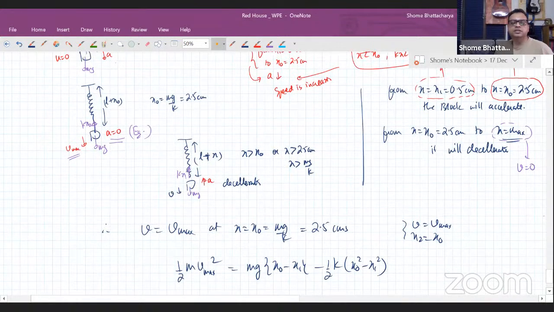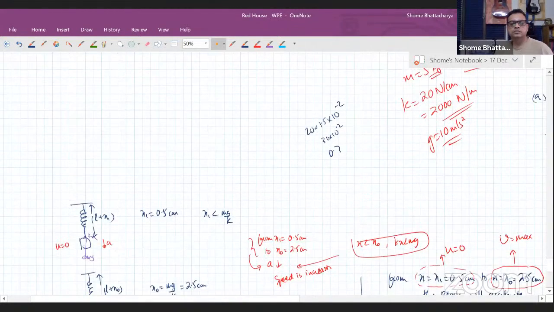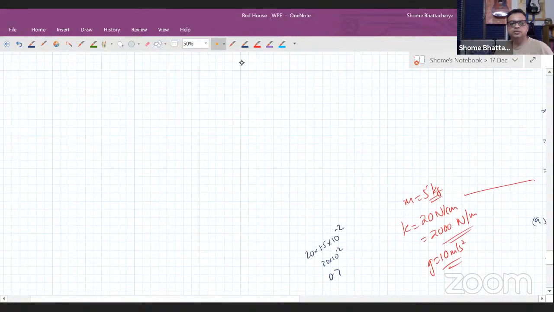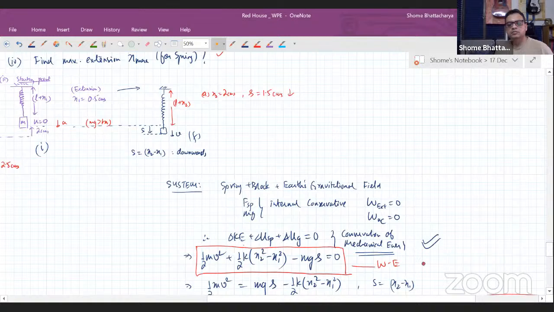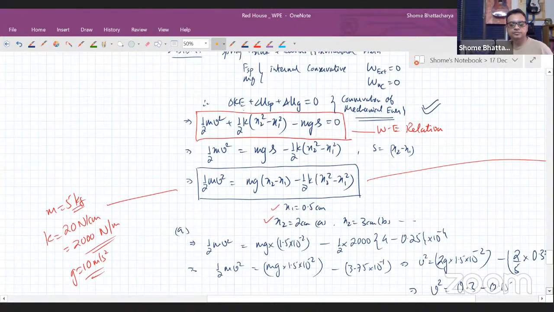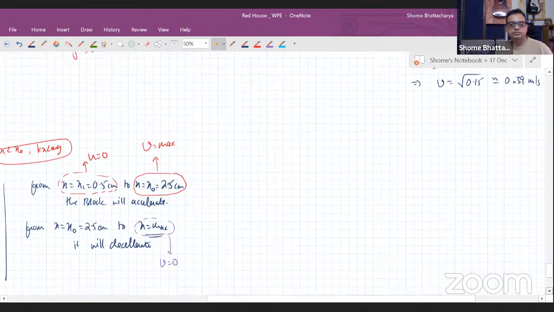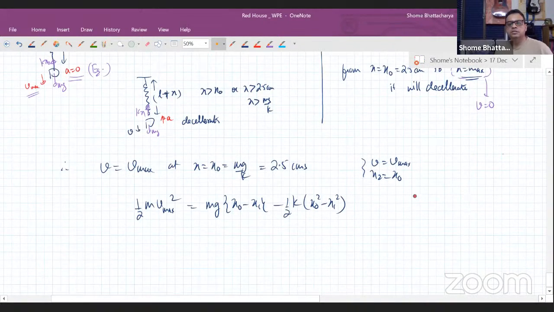And you can see that in this equation, this was our work energy relation. So in this work energy relation, when we substitute x2's value as x naught, we should get v's value as v max. Okay, so this is what we've done here. This is the work energy relation or conservation of mechanical energy relation, but with this thing substituted.